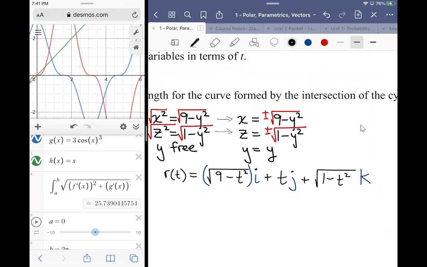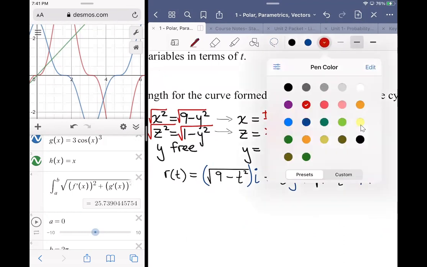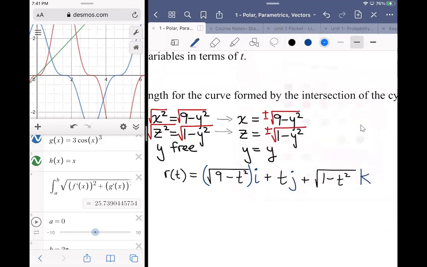But that's going to be the easy part because I'm going to do that on Desmos. All right, so r prime, I'll go get a fresh new color here. Let me go with this nice light blue. So r prime of t, really 1/2 times 9 minus t squared to the -1/2 times the -2t.